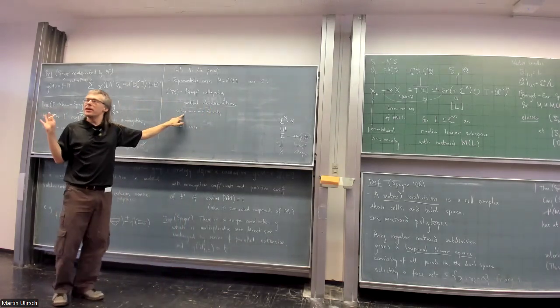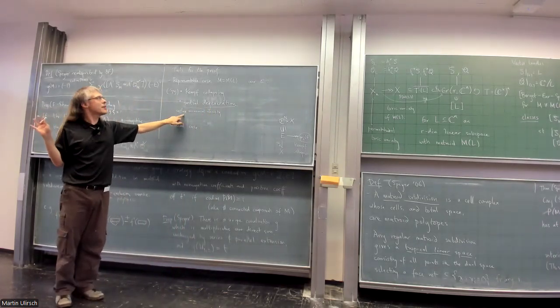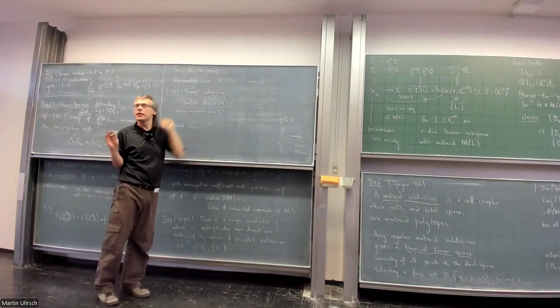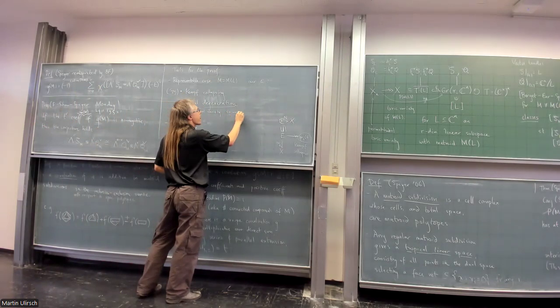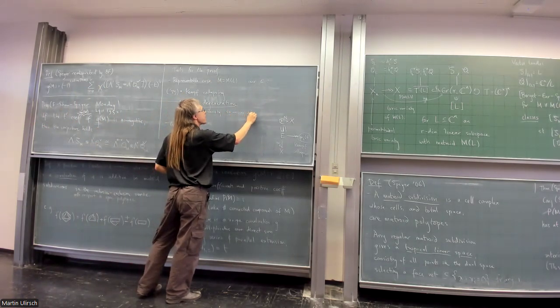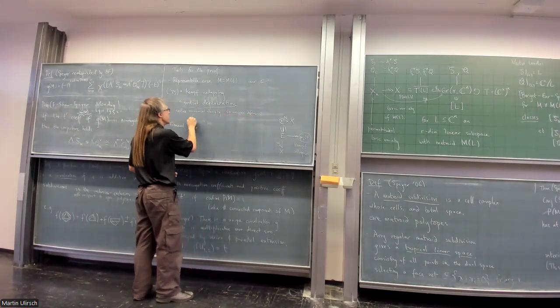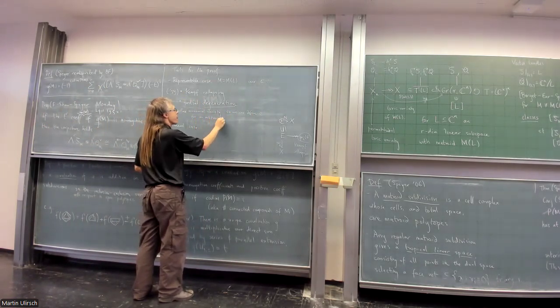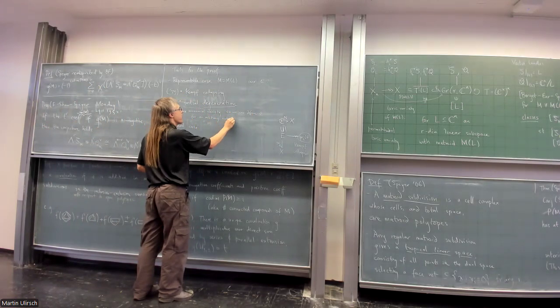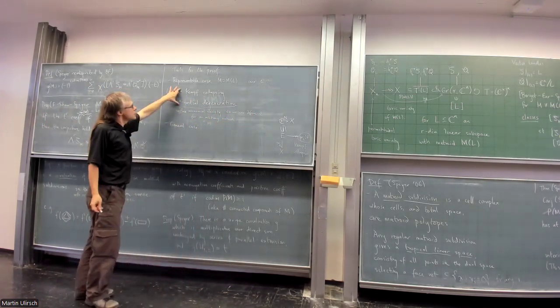Right now, we can hope to at least define what we should get if I started with an arbitrary matroid. So we can at least define it for an arbitrary matroid.